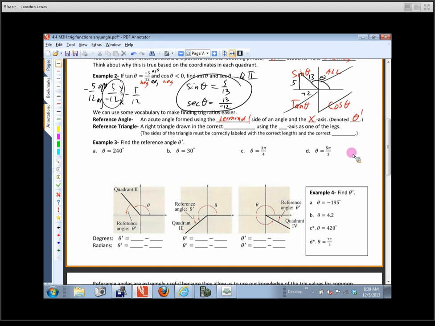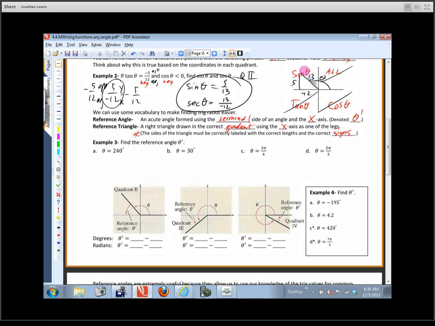Then we're going to talk about a reference triangle, which is something like this. It's a right triangle drawn in the correct quadrant using the x-axis as one of the legs. This is really important, so I'd put a star by it. The sides of the triangle must be labeled correctly with the correct lengths, which we've done right here, and they should have the correct signs.